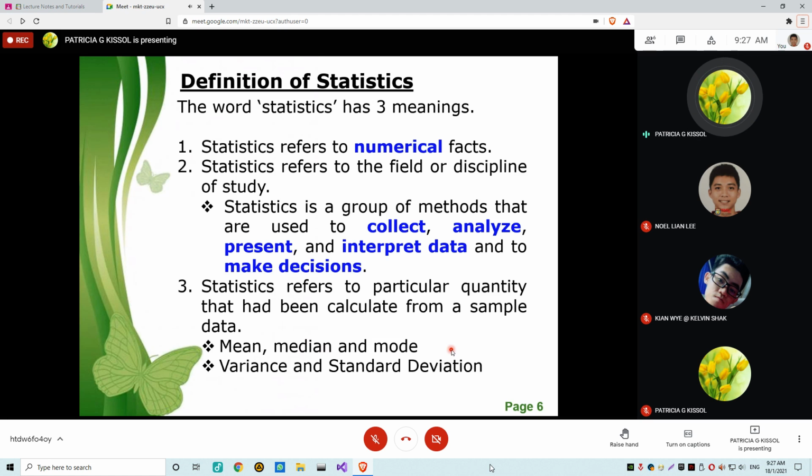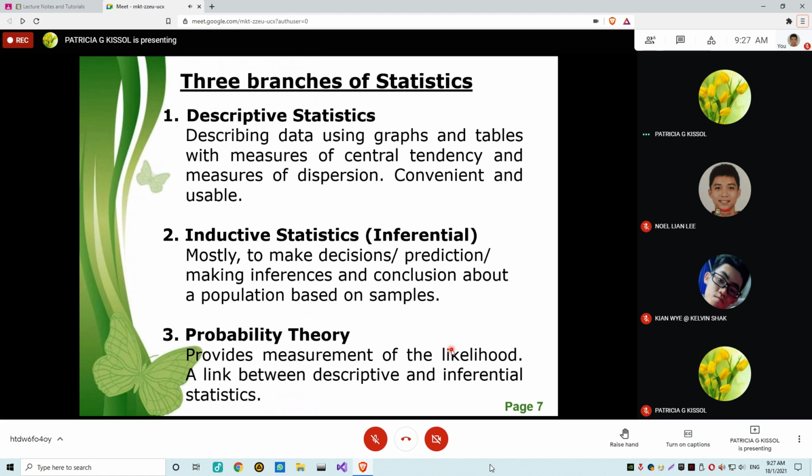And one thing about this subject, the syllabus, is that we do not use any of the statistical tools, like the SPSS statistical tools that are used in most statistical evaluation, because we focus more on calculation in this course.